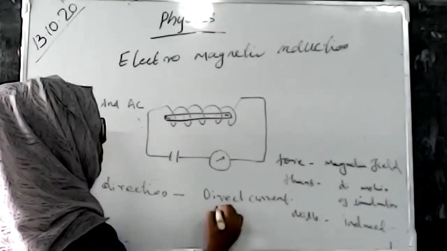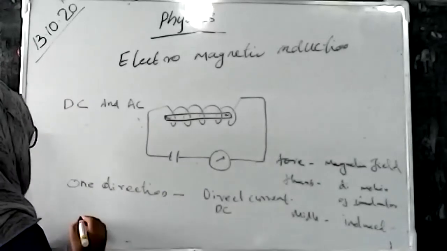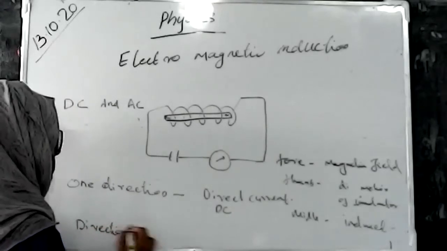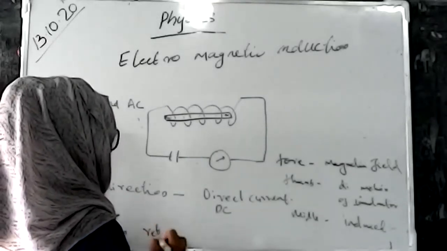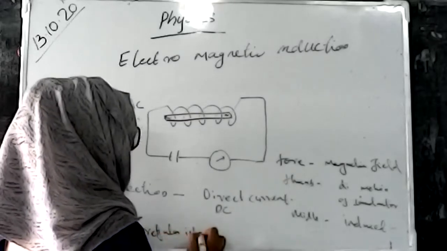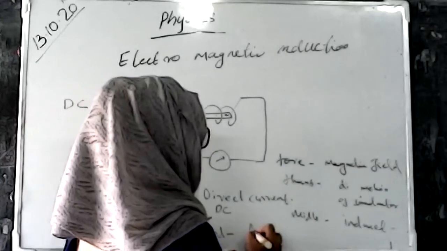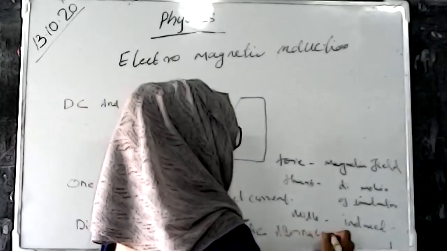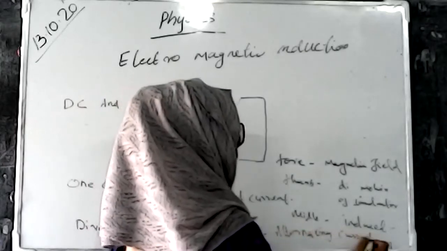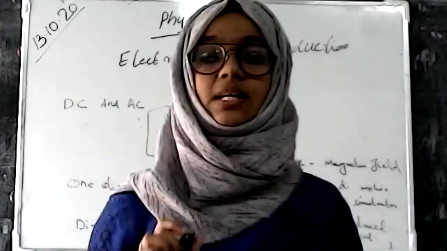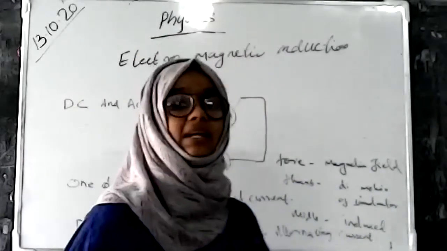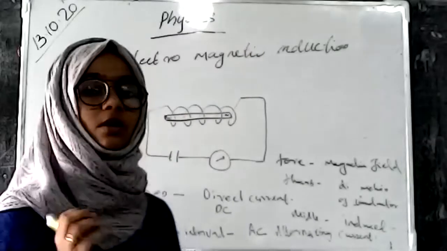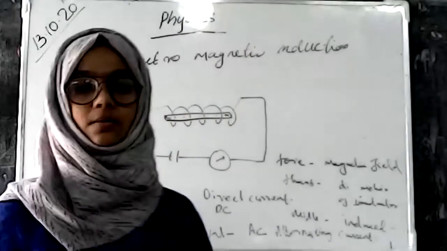And when the produced current's direction changes at a regular interval, that current is known as AC or alternating current. Alternating current is continuous, but the direction is changing in a specific interval of time. So that is alternating current.